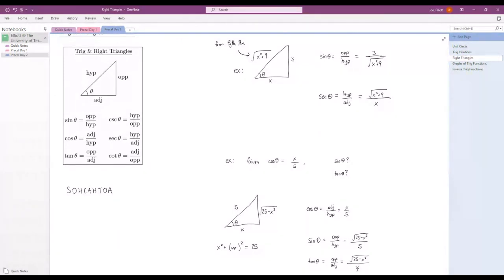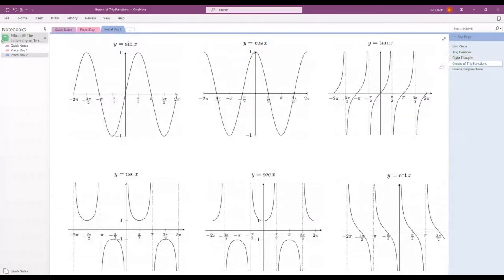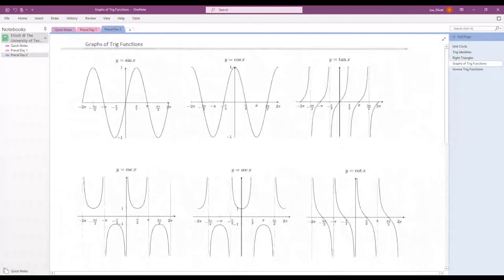Okay, so that's all I'm going to say about the right triangles. I'll quickly talk about the graphs of the trig functions. I'm not going to say too much on it, but it's good to have a sense for what the graphs look like.